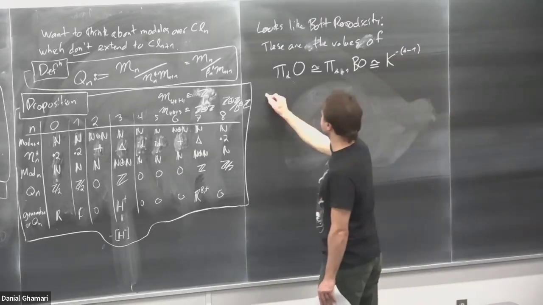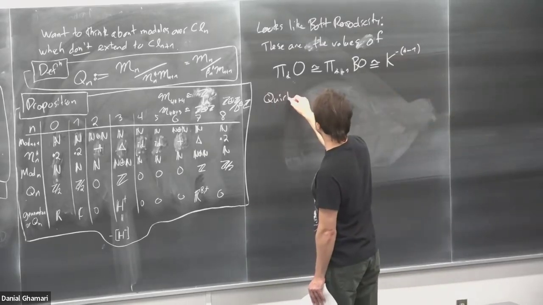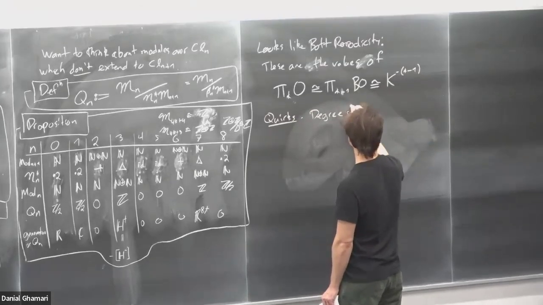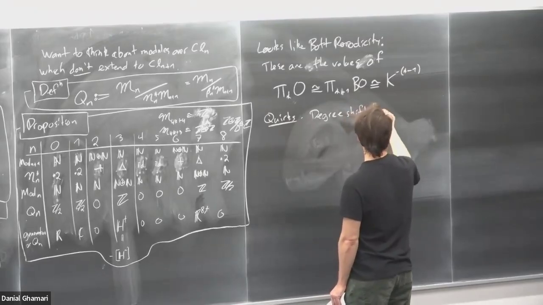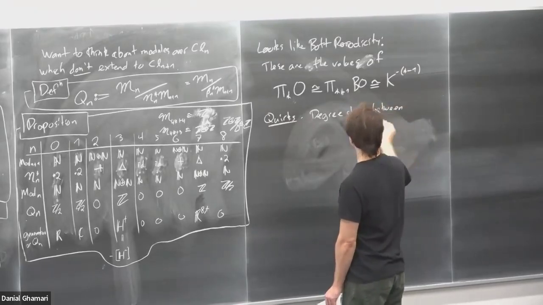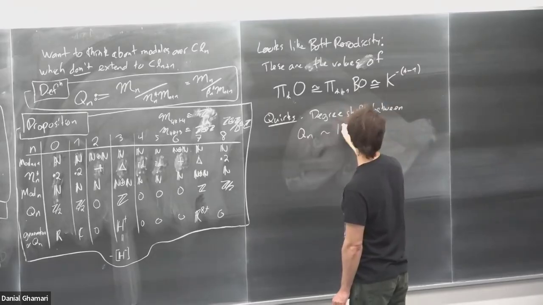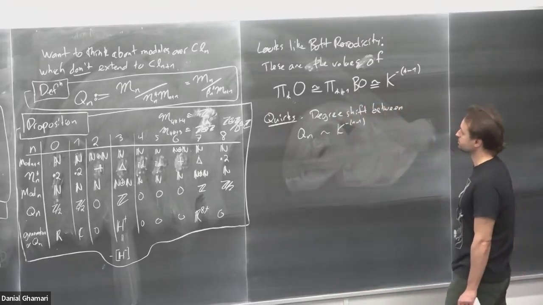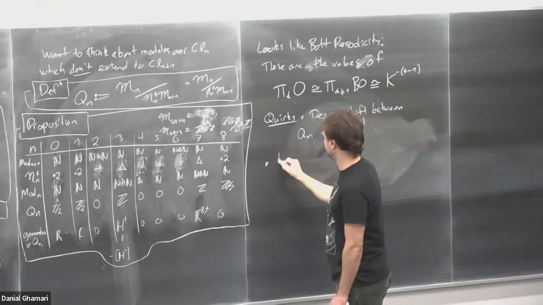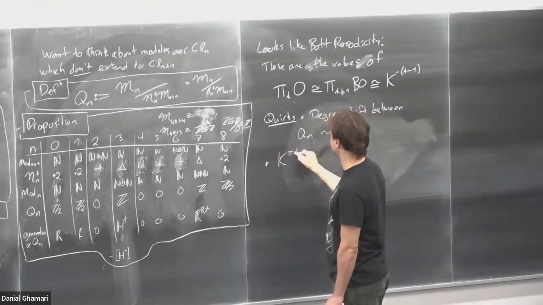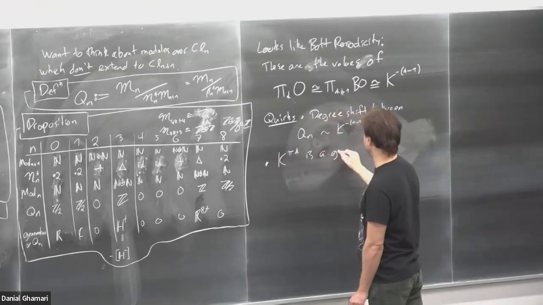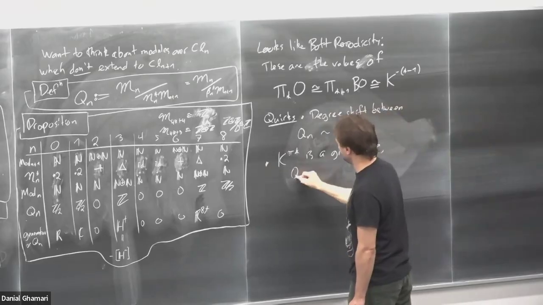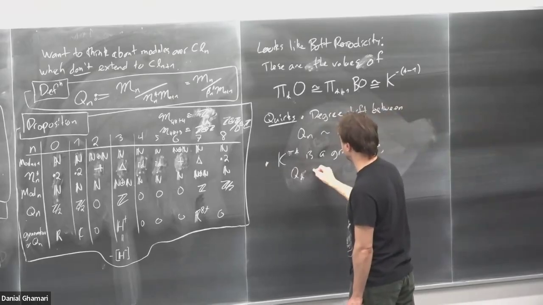Okay, so it kind of works, okay? Because there's a ratio between Qn and K minus one. Another thing is that K minus star is graded, right? But Qn, Q star is not.